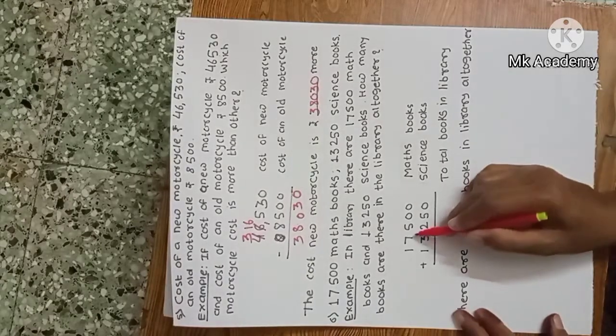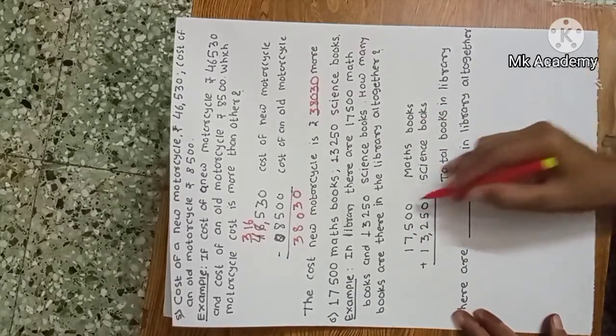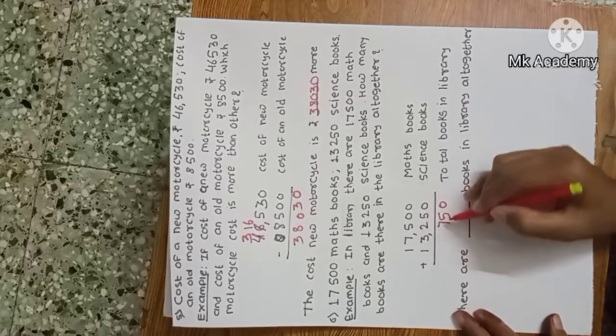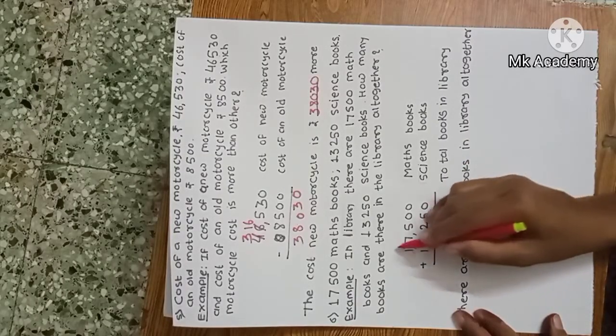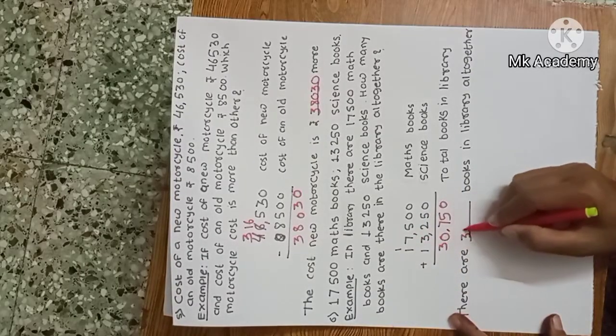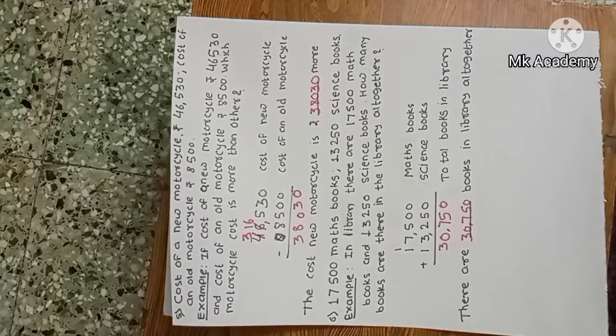This is 17,500 math books and 13,250 science books. 0 plus 0, 0. 0 plus 5, 5. 5 plus 2, 7. 7 plus 3, 10. And 3. Means there are 30,750 books in the library altogether. Now see the next example.